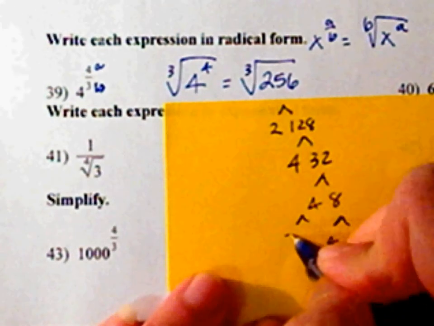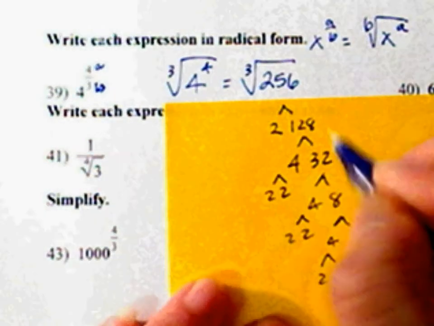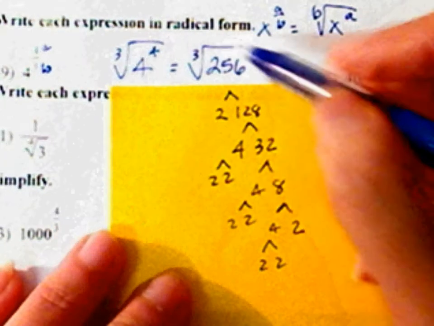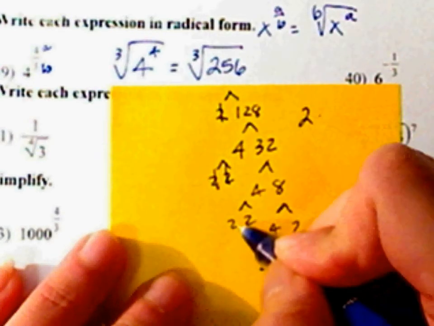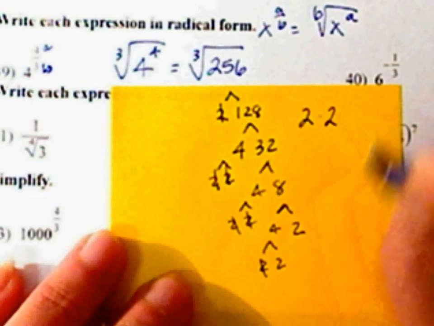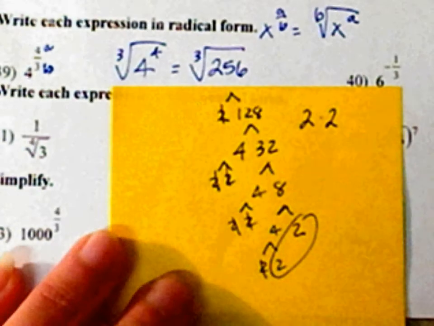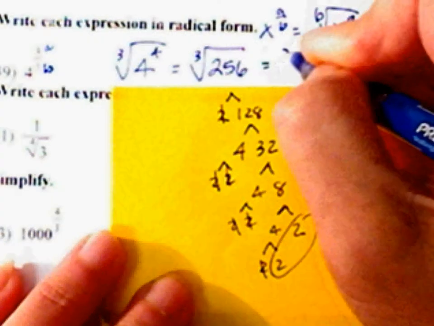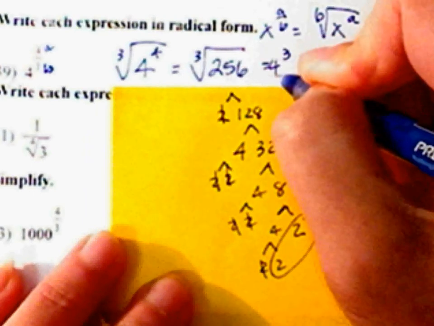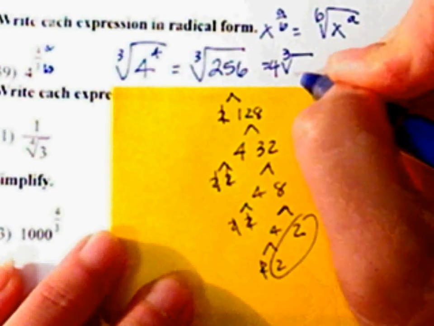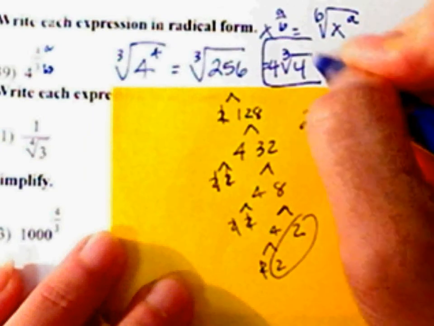But you really didn't have to break it all the way down. 3 of a kind. 1, 2, 3. So there's a 2. 1, 2, 3. There's another 2. And you have this 2 left over. So your final solution is 2 times 2, which is 4, times the cube root of 2. You need to always simplify, okay?